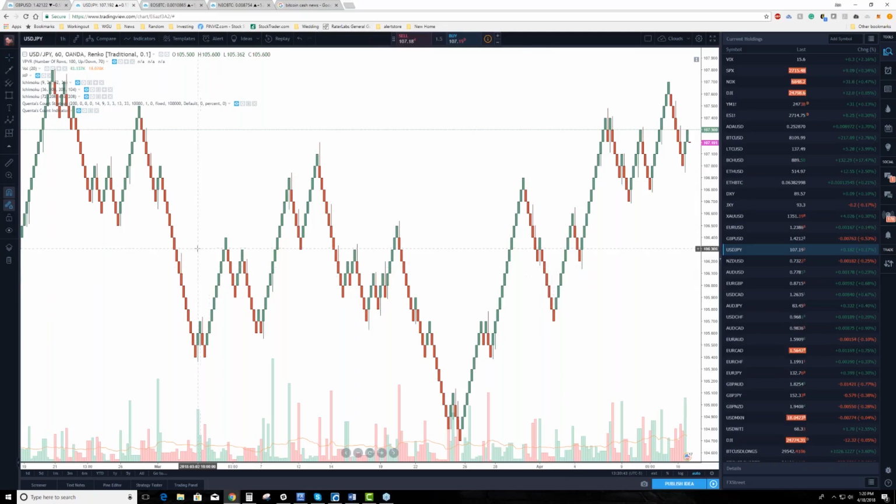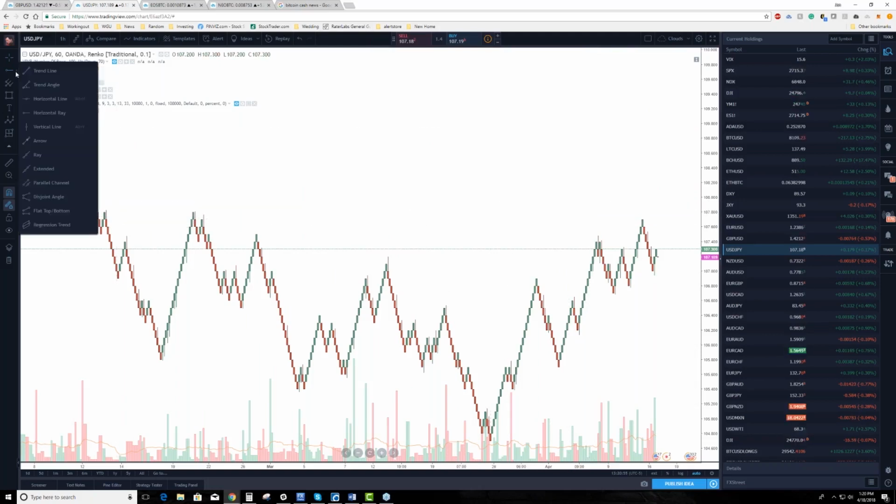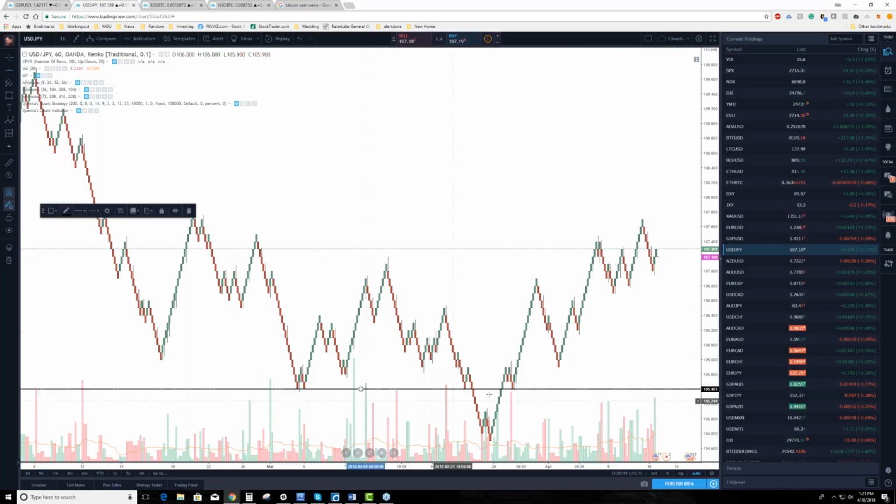All right. Also, it makes it easier to trade and identify support and resistance areas, because they're pretty easy to find. Not there. So, this looks like a pretty good zone as a support and resistance band.